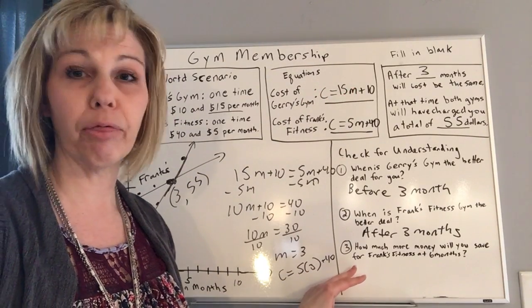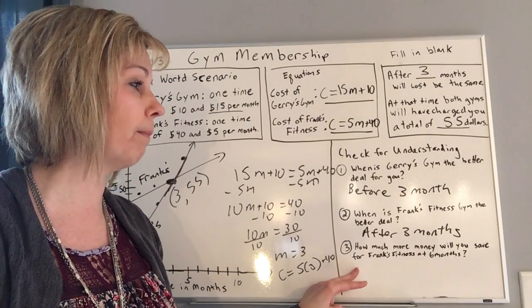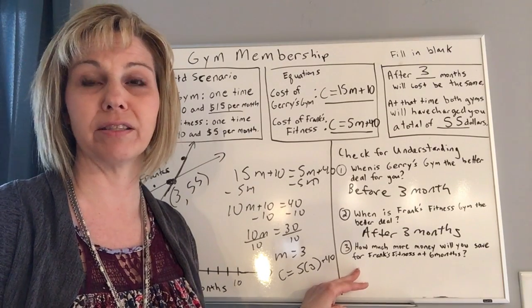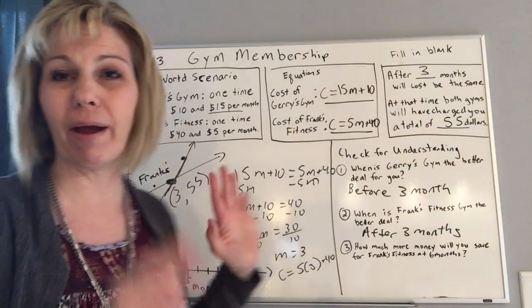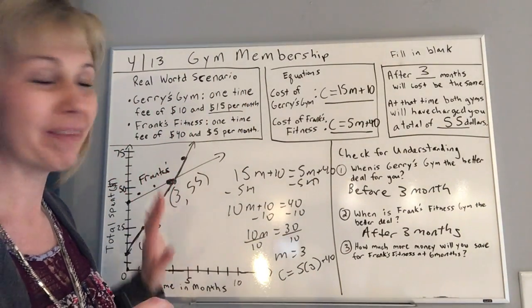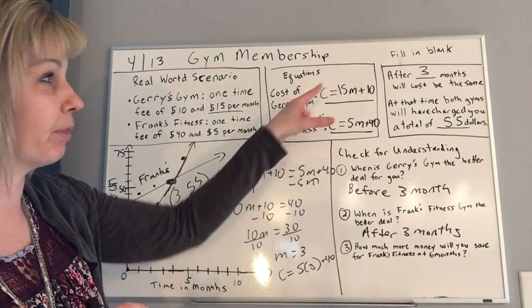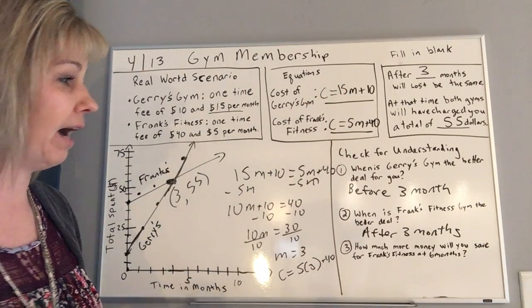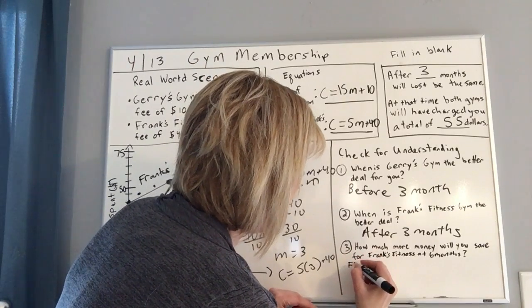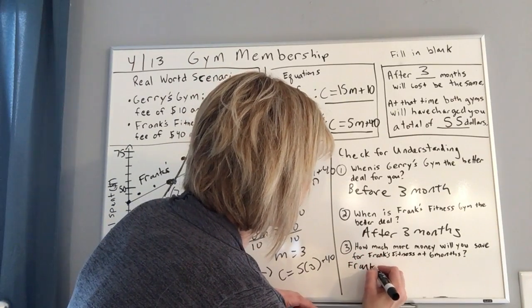So for number 3, it says, how much more money will you save for Frank's Fitness at 6 months? If you're able to print this, you're able to see the graph. If you have a homemade graph like mine, I'm probably going to plug the problem back into the equation. So let's look at Frank's and how much we actually pay at 6 months.